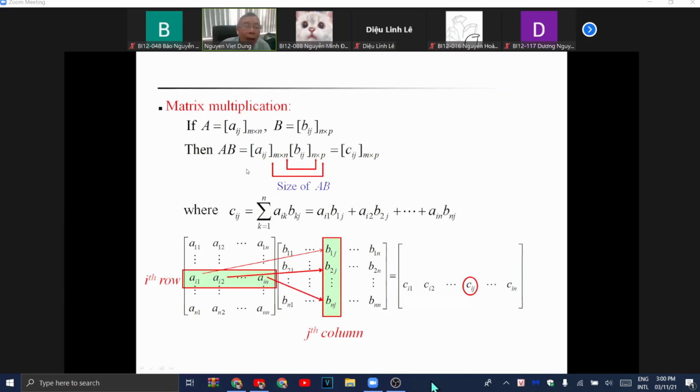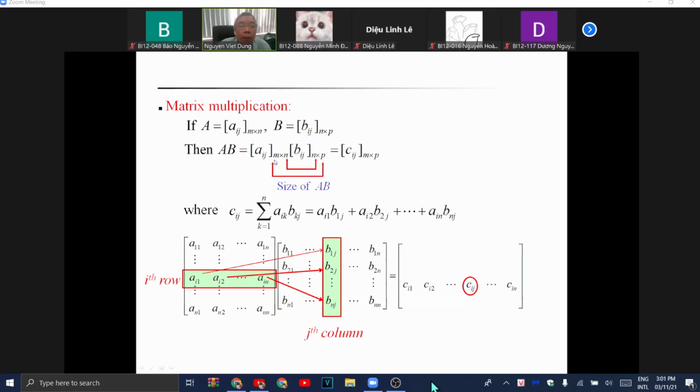Then we require that the number of columns of the first matrix must be equal to the number of rows of the second matrix. Here, if you look at the small red arrow, you see the number of columns of A equals the number of rows of B, and the bigger red arrow shows the size of the product.